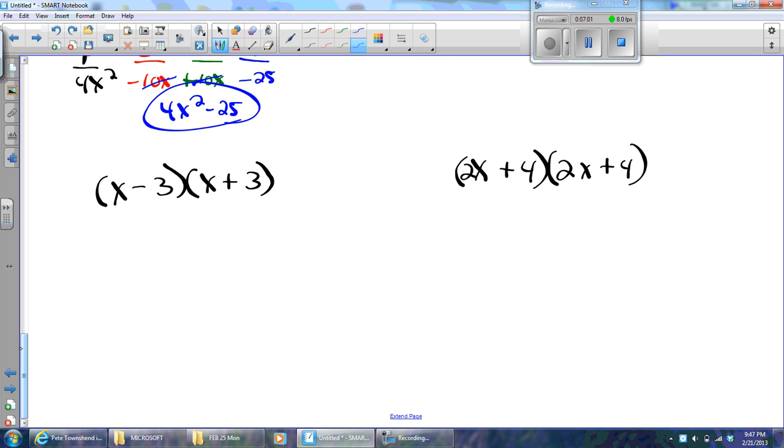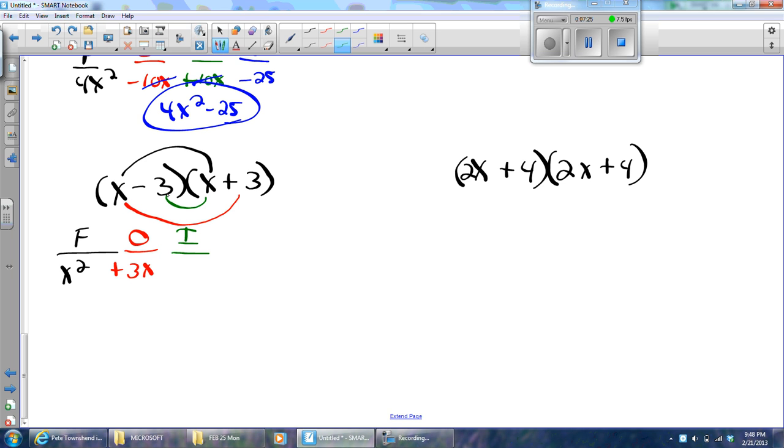Two more, and then I'm going to let you go. All right, going to do my firsts to get x squared, x times x. Going to do my outers to get a positive 3x. Time for my inners.